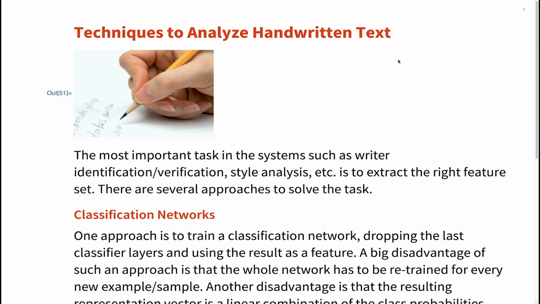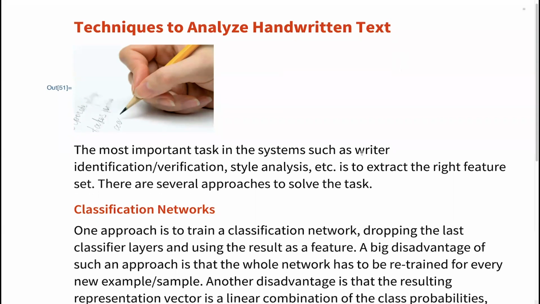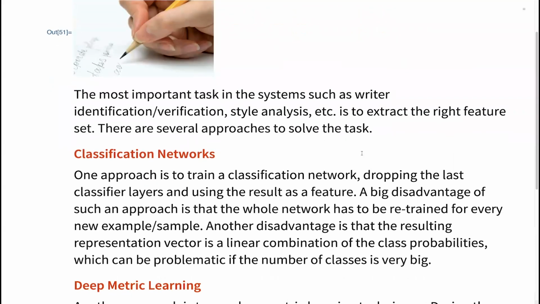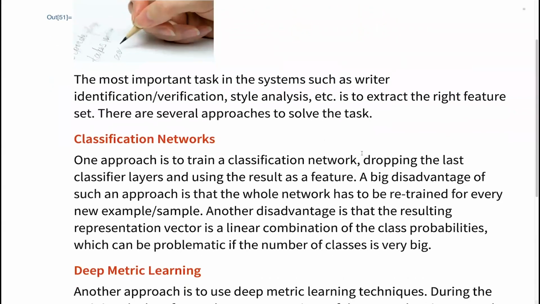To analyze the text means to extract features that describe the writing, which will allow us to solve tasks like identification and verification, style analysis, and so on. There are a lot of real tasks in medicine, in pseudosciences, and all around that really need these features to be able to describe what's hidden in the style of the writer.